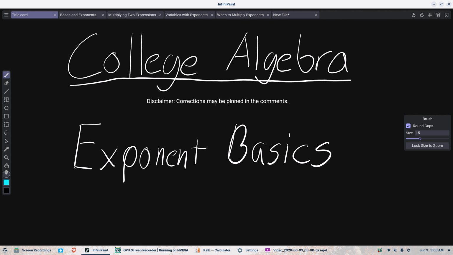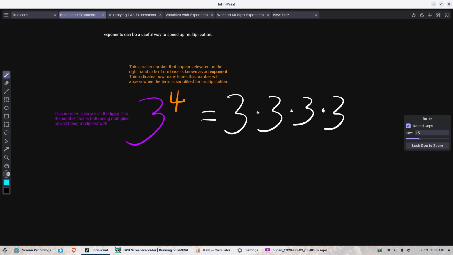And if you're very confused about what an exponent is, it is something that we can use to speed up multiplication. Now, if you look here at the 3 that is written in purple, this is known as a base, and the reason we know it as a base is because it is being affected by this exponent here in orange.